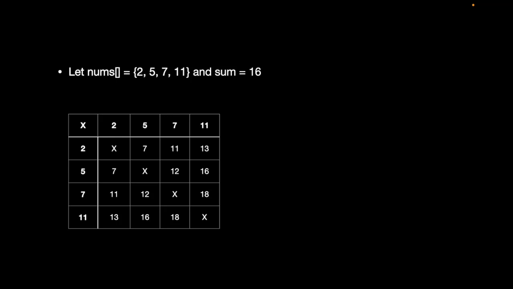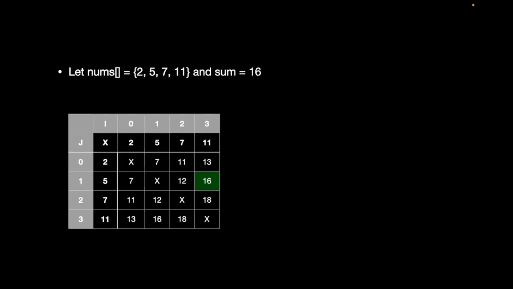We need to make sure that the index is not the same, so the diagonal values are crossed out. Next, I've added the indices, so when we iterate through the array and check the sum, we'll see that for i equals 3 and j equals 1, we get the value 16, and we return j first, i later, so we'll have 1, 3.